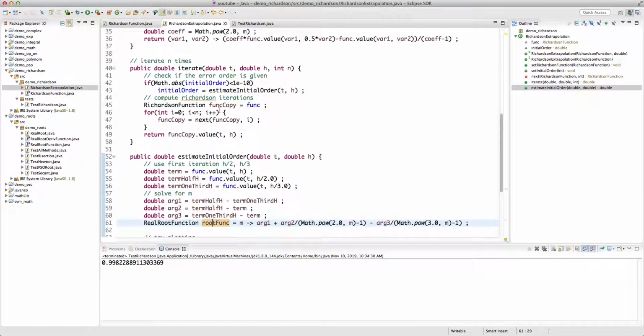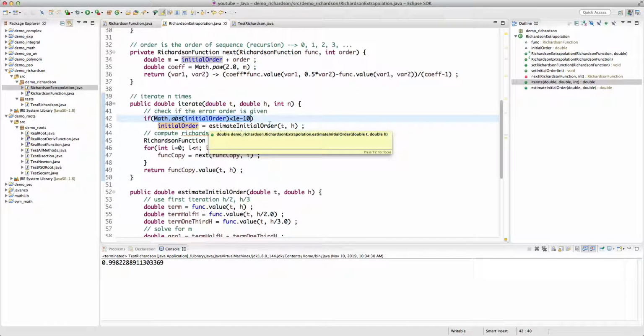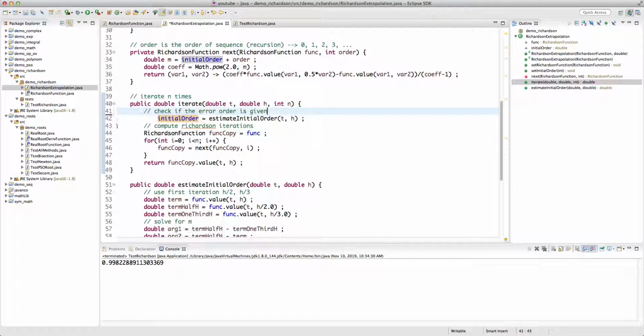So the other thing is that the initial order, basically here we're saying that each time you calculate the initial, it only calculates the initial order once based on whether or not it's 0. So maybe it's better to just always calculate the order.